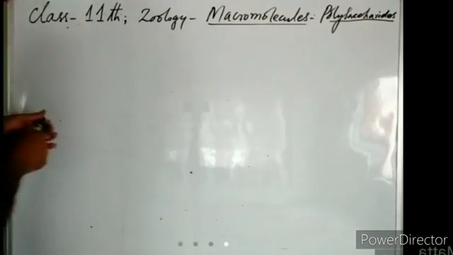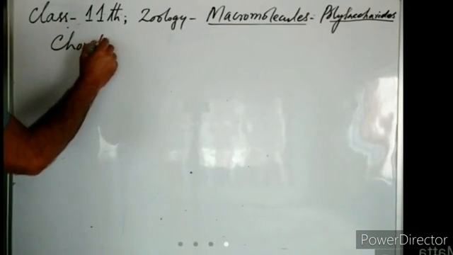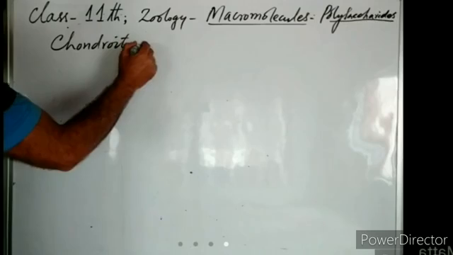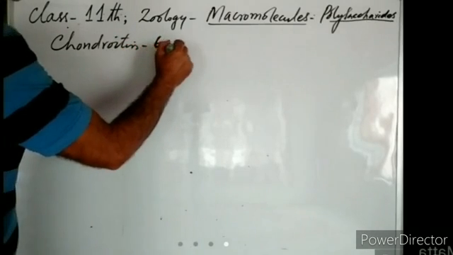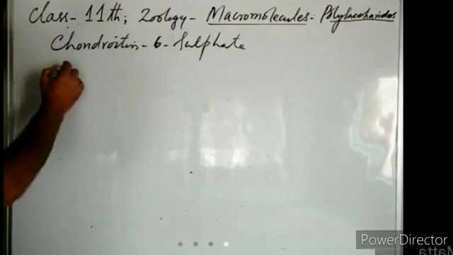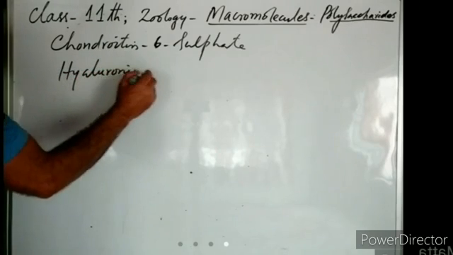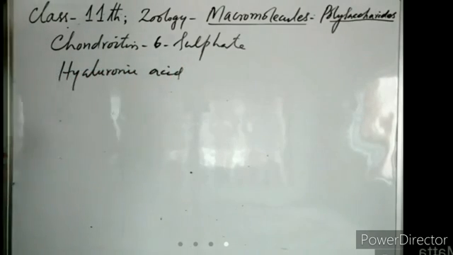Well, there are many such mucopolysaccharides. For example, our first mucopolysaccharide was chondroitin 6 sulfate. Similarly, we have hyaluronic acid, another mucopolysaccharide.